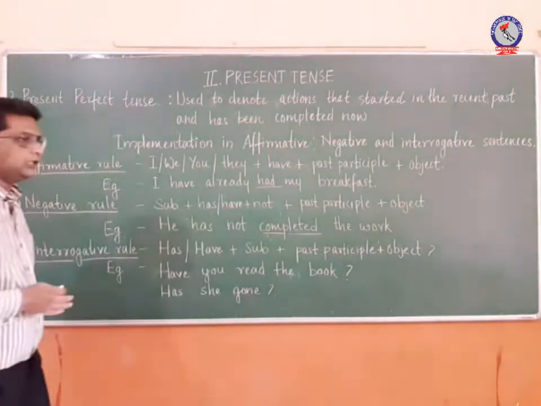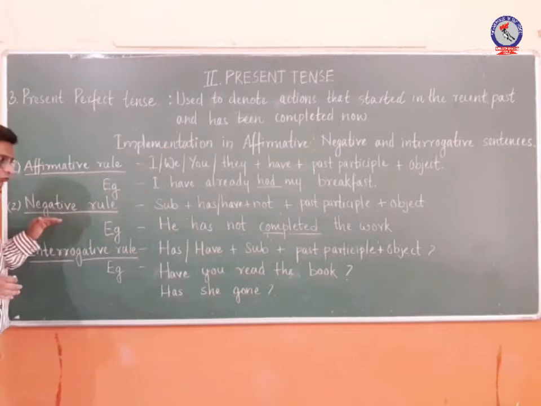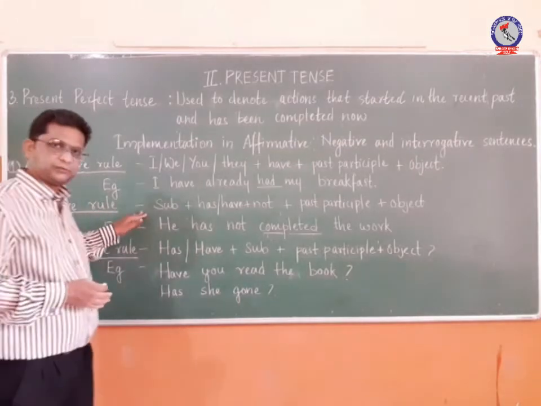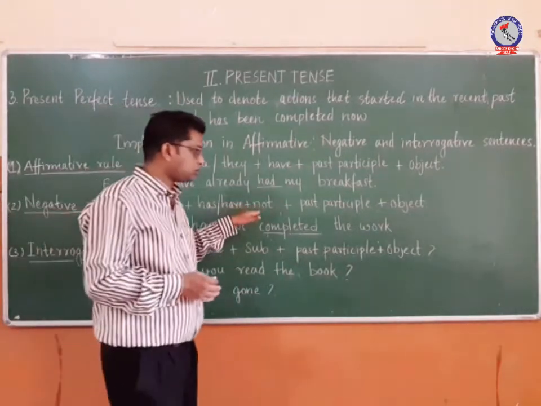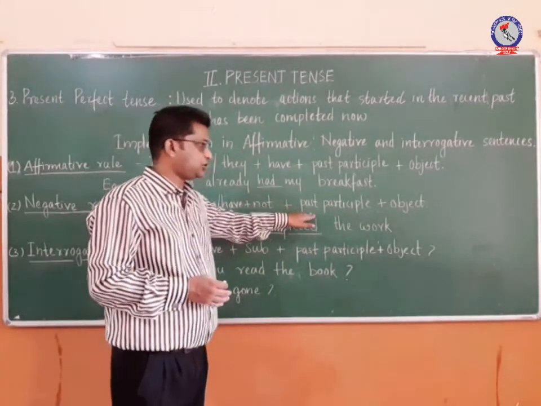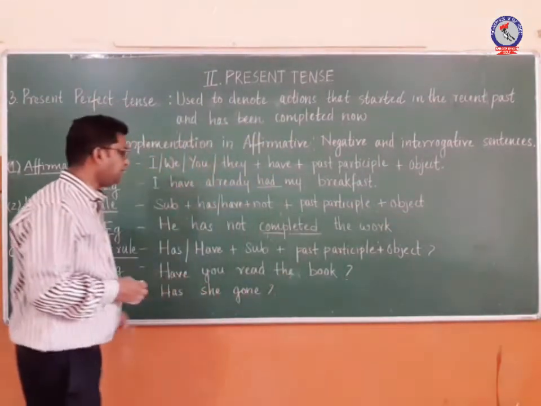Now let's see the implementation in negative sentences. The negative rule is subject plus has or have, plus not, plus past participle, plus object.